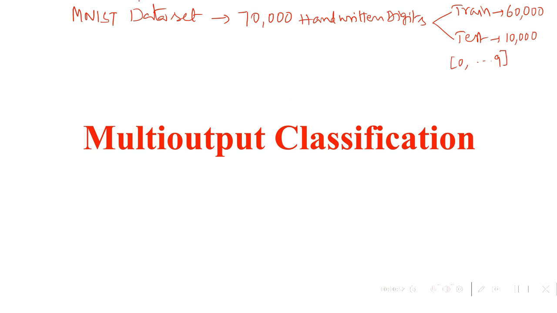That model is called a binary classifier. That means training a binary classifier on the given dataset, the MNIST dataset. Here we divide the data into two parts.